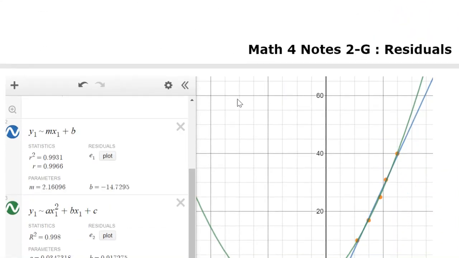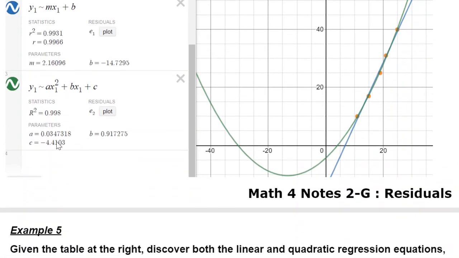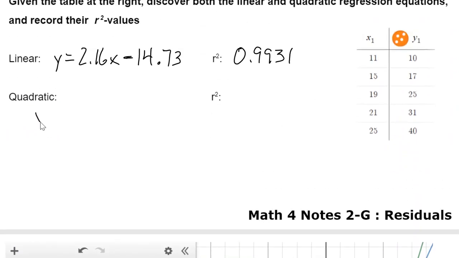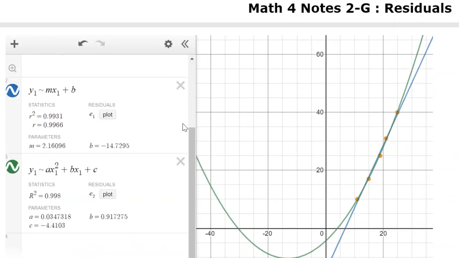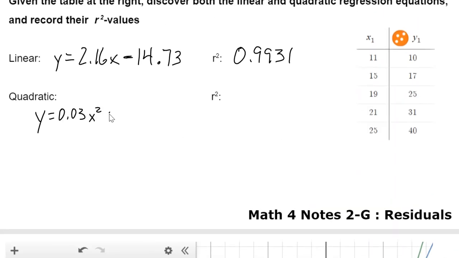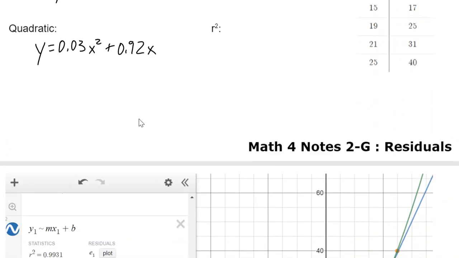And when we look at the other one, we have our A and our B and our C. A is 0.03, so y equals 0.03x squared. And then B is 0.917. We'll call that 0.92. 0.92x comes next.